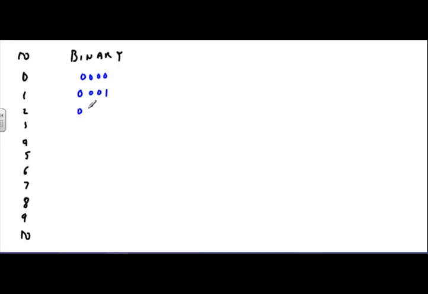0010, 0011. There's a 2, and 1 left over. That's why it's 11 for 3: 3 is a 2 and a 1. I add them together, I get 3.